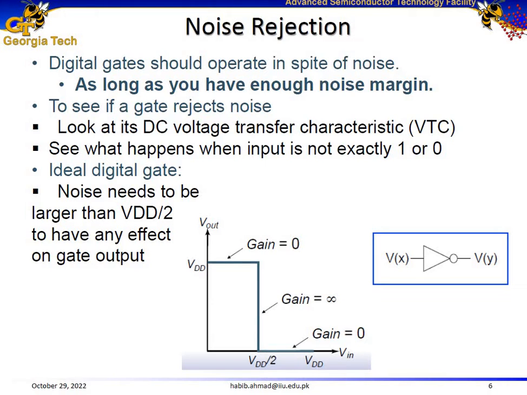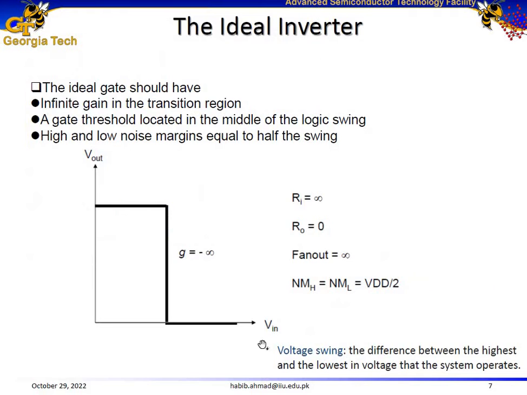We discussed the voltage transfer characteristics of an inverter. And let's go to the next slide. In fact, voltage transfer characteristics are, we plot the output voltage versus the input voltage, and then for an ideal gate, for an ideal inverter, what are the qualities of the ideal inverter? We discussed it already, and it's given in this slide as well.